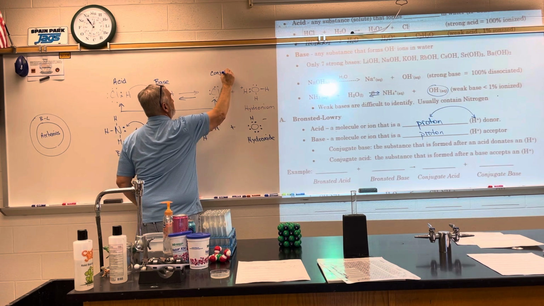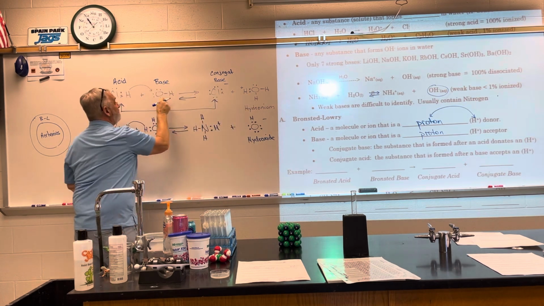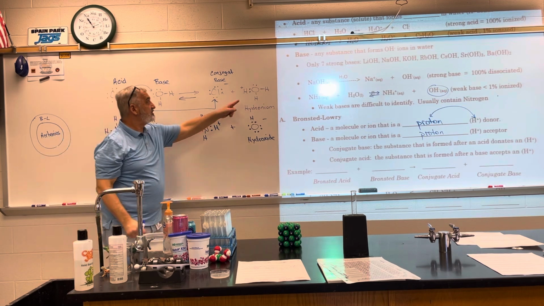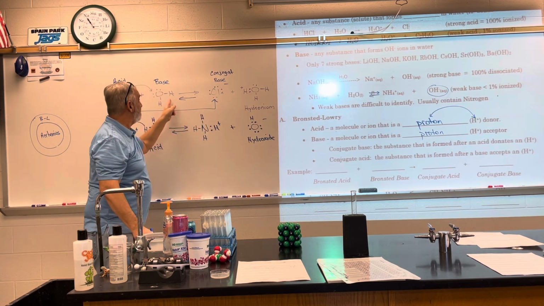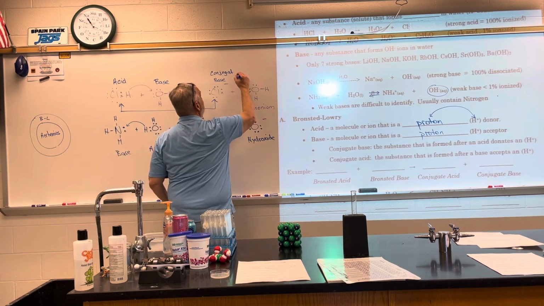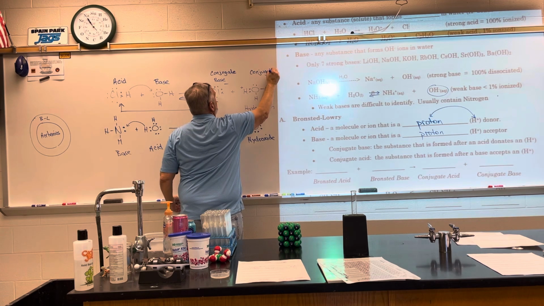I'll go ahead and write it out. The conjugate base. And what's the H3O plus doing to get back to water? It's donating. This, to get to here, is donating the hydrogen back to the chlorine. So we call this the conjugate acid.